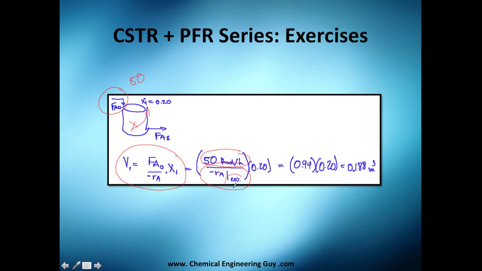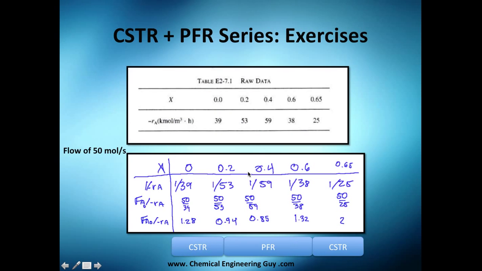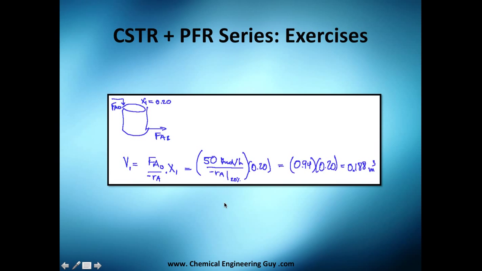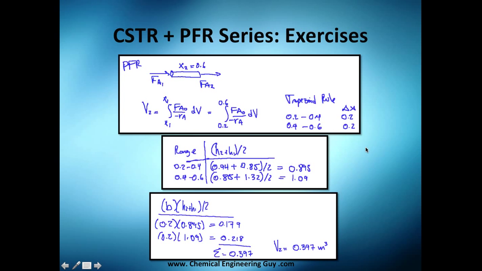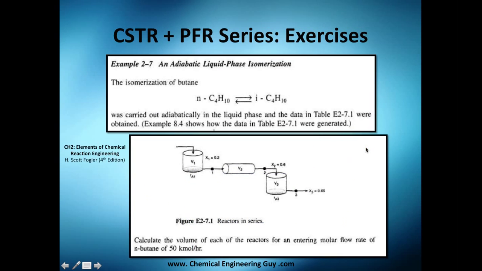Very important that it is evaluated at the exit. The exit is 20%. So I go here. I actually want this data. I don't need this one, I don't need this one, I need this one. So 0.94, we're going to use that in here. That's my 0.94, which is here, times my conversion, which is 20 here, and I get 0.188 cubic meters. Now that's the first one, very easy. Always the first one is easy.